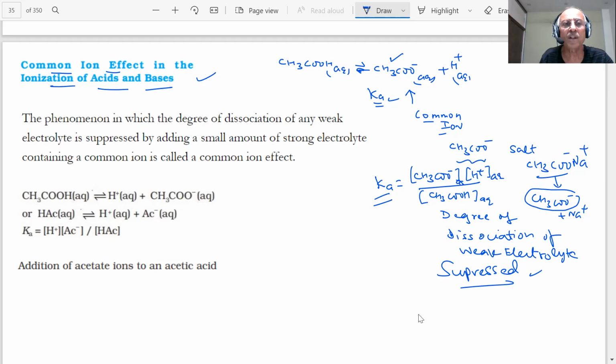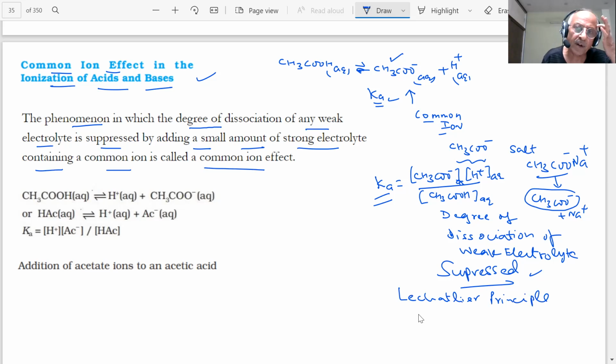So students, this effect has importance in chemistry. The phenomenon in which the degree of dissociation of any weak electrolyte is suppressed by adding a small amount of a strong electrolyte containing a common ion is called the common ion effect. The reason we already know, Le Chatelier's principle. You have read about it. Yes, sir.